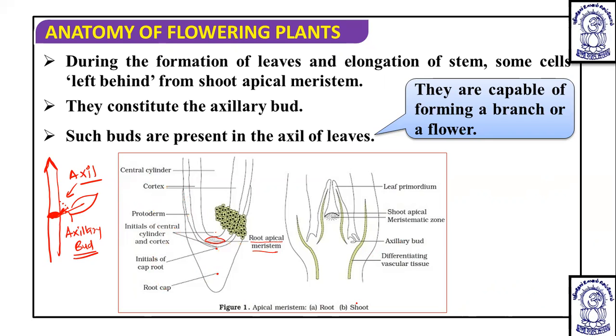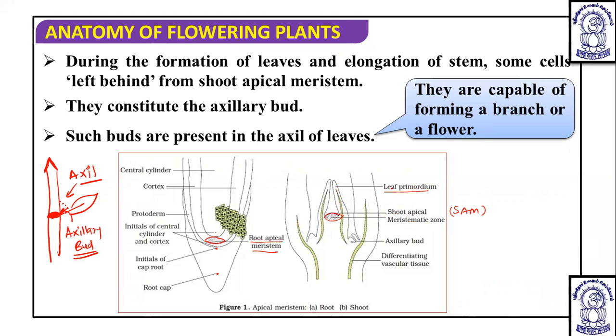And on the other side, in the shoot, which is the distal-most region on the aerial part or the axis of the stem, you will see here the presence of this particular shoot apical meristematic zone. Shoot apical meristematic zone is nothing but shoot apical meristem. Now, here you can see this leaf primordia.